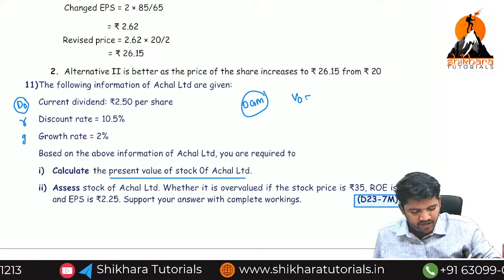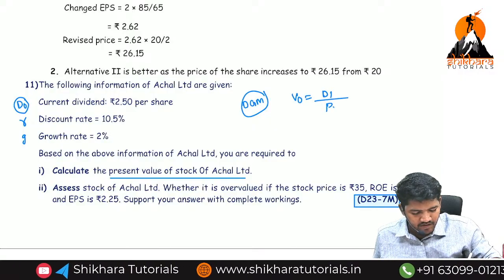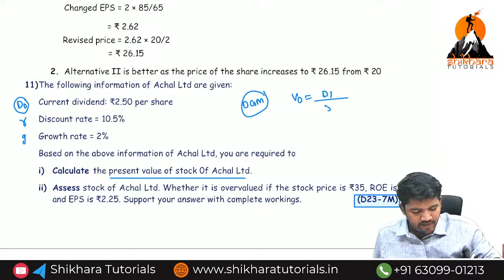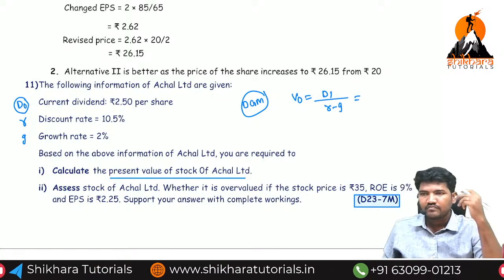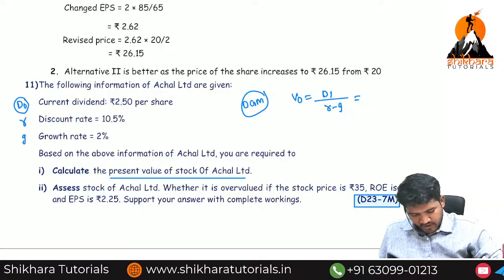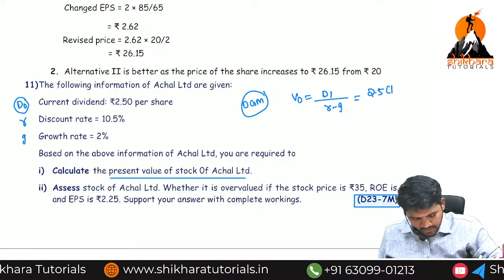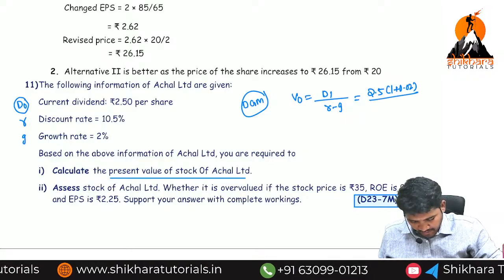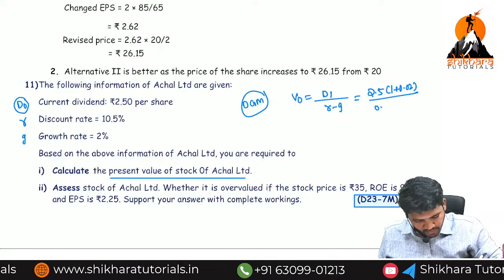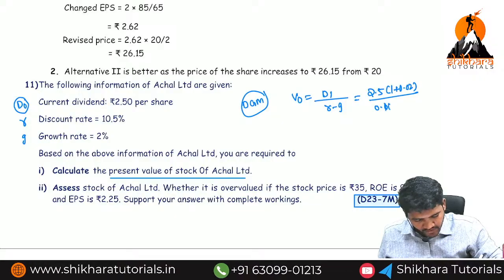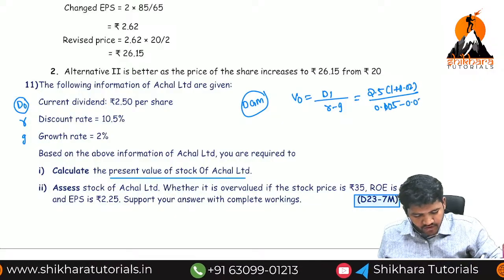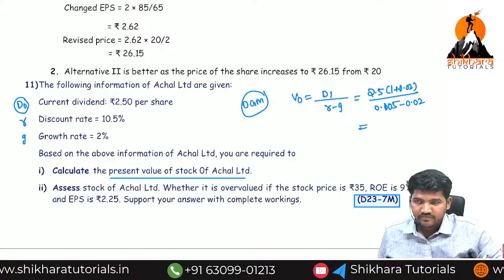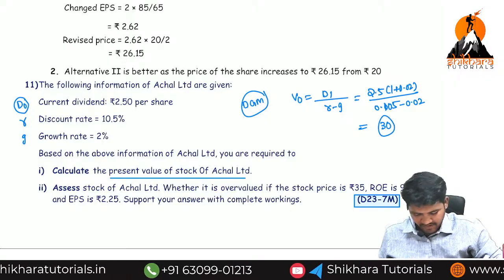V0 equals D1 divided by R minus G. So 2.5 into 1 plus 0.02, divided by R minus G, 0.105 minus 0.02. 30 rupees. Case 1 completed.